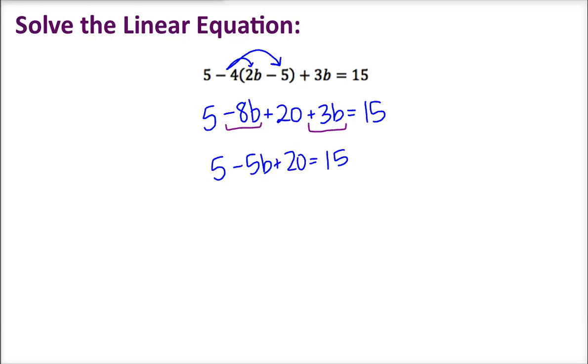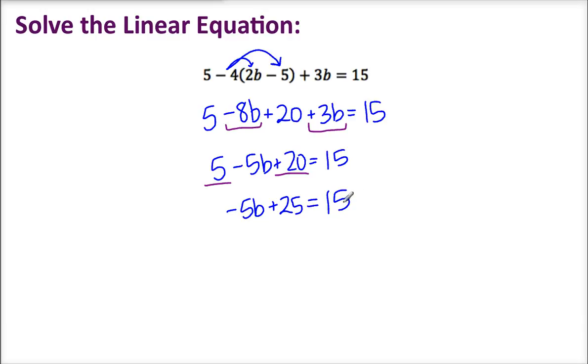I have 5 right here and a plus 20. So a +5 and a +20, that combines to be 25. So let's just rewrite that to be 25 instead of two separate things. Okay, so now I have a -5b plus 25 equals 15.